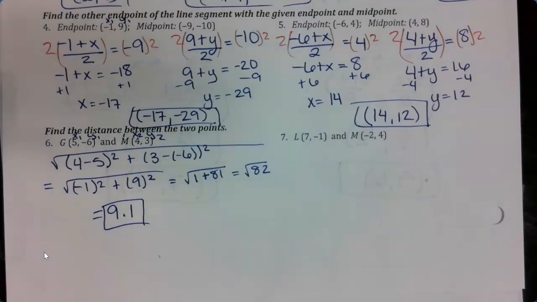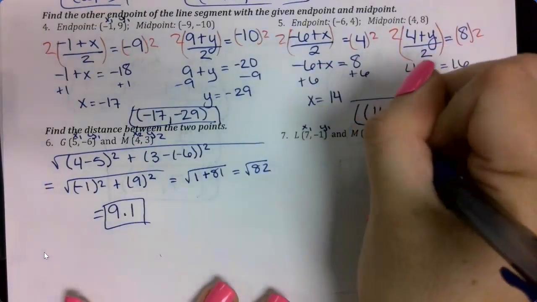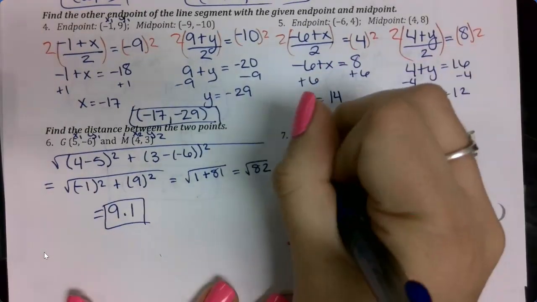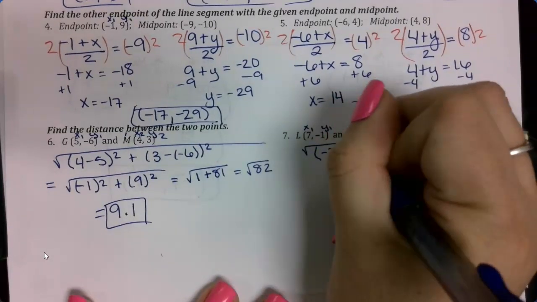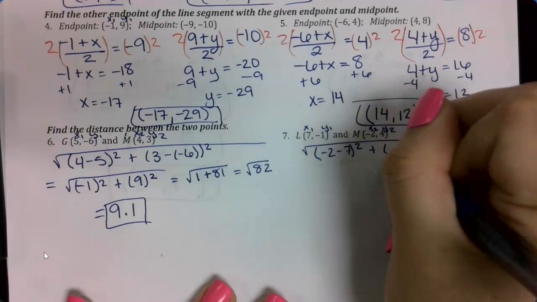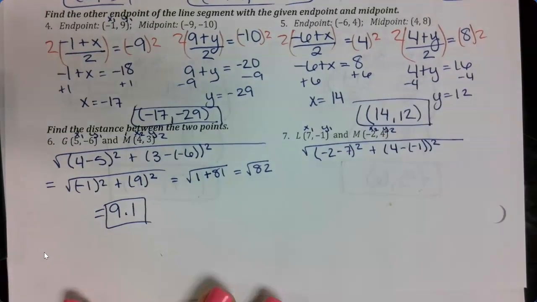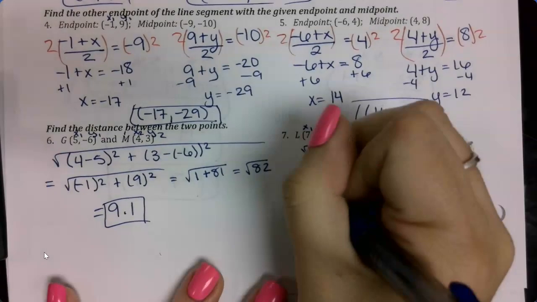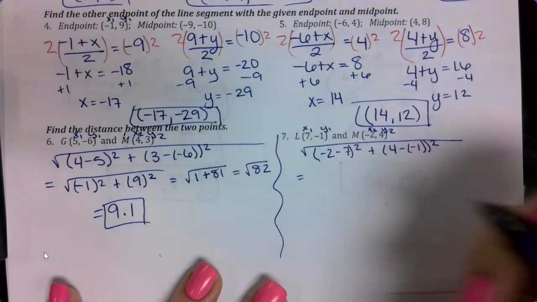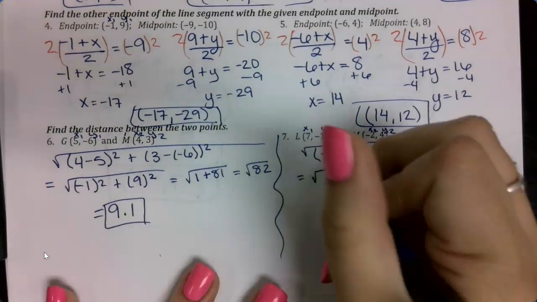So same idea for number 7. I'm going to label my x sub 1, y sub 1, x sub 2, y sub 2. Plug into my distance formula. So I'm going to have negative 2 minus 7 squared plus 4 minus negative 1 squared. What's negative 2 minus 7?